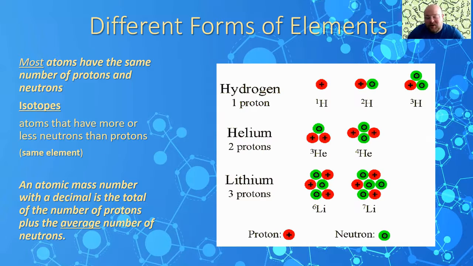That's why the mass on the periodic table has a decimal point, because it's an average of many different isotopes. For the sake of problems you might encounter in class, we're just going to say protons plus neutrons equals atomic mass. So you won't have a decimal point answer for that unless you use the periodic table, which you should only use if it says to. Otherwise, the mass is protons plus neutrons.